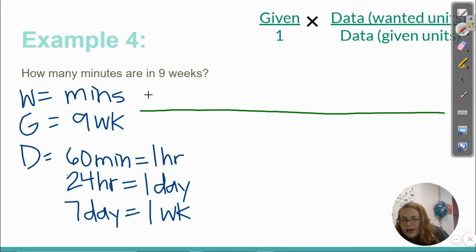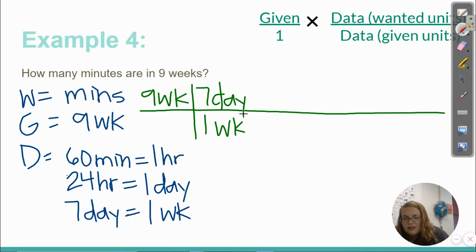All right, so I have 9 weeks. Weeks are on top, so I'm going to put weeks on bottom. So in 1 week, I have 7 days. One day is 24 hours.